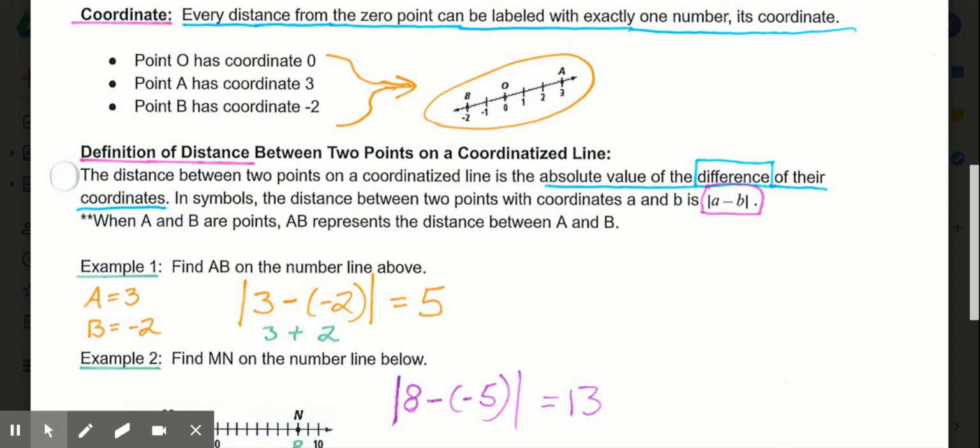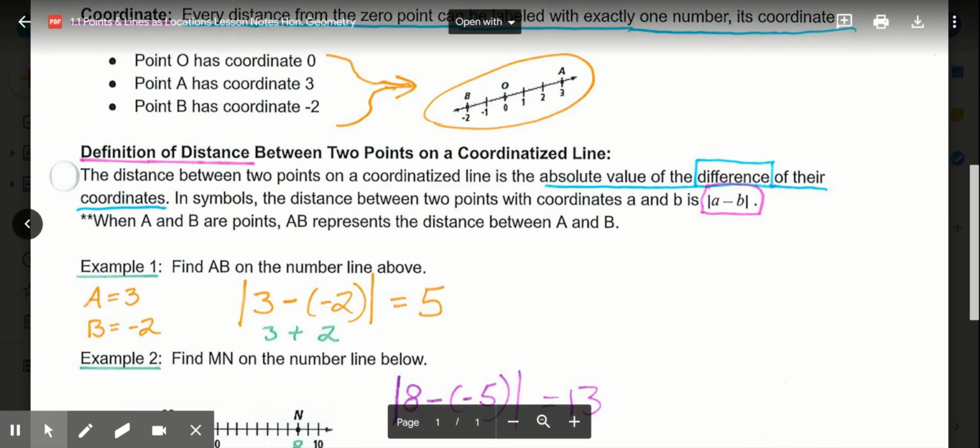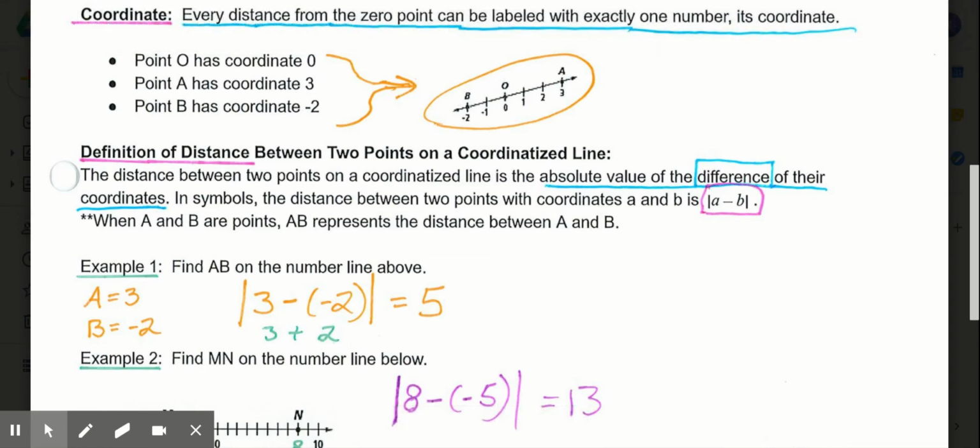Now, if you do not recall an absolute value from algebra, it is simply how far away from 0 a number is, and that's always a positive value. So the absolute value of 5 is 5. The absolute value of -5 is also 5.